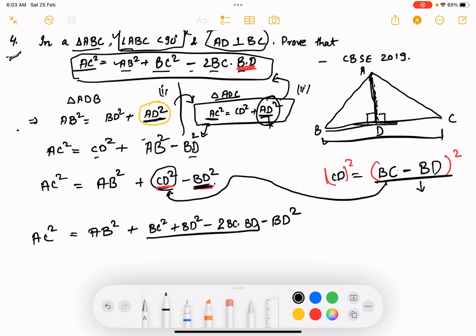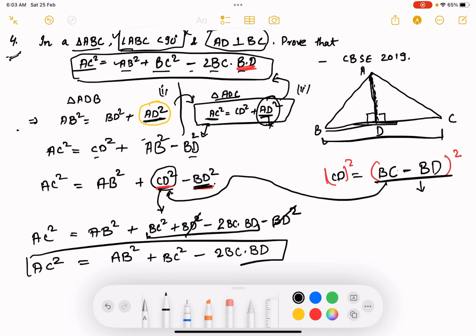So this we have substituted for CD. From here BD square and BD square will get cancelled. What we are left with is AC square is equal to AB square plus BC square minus 2 BC into BD. So this is the final result which we had to prove. Hence proved.